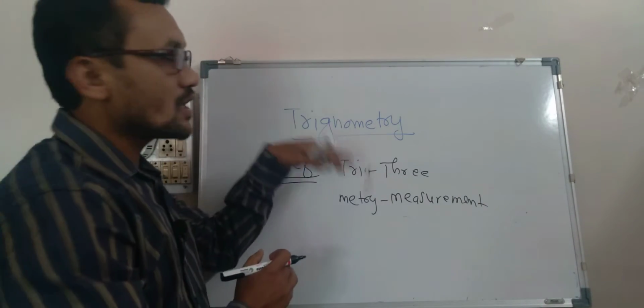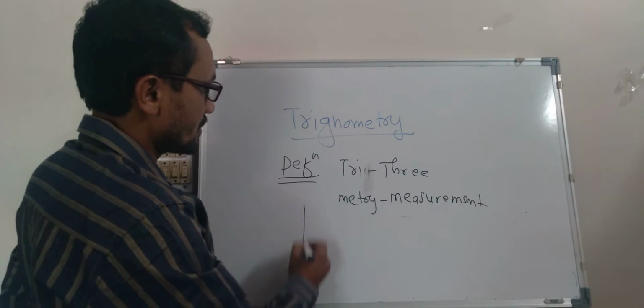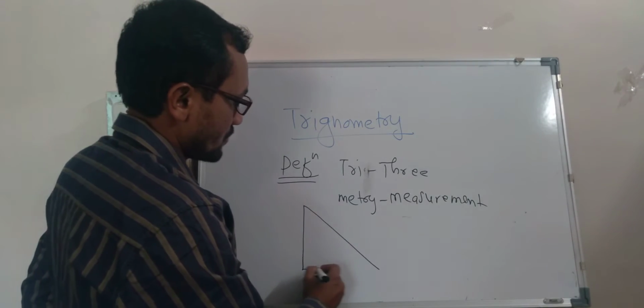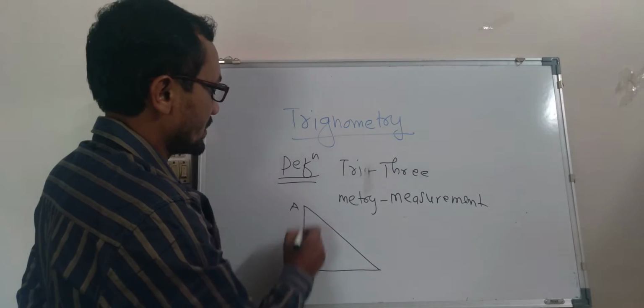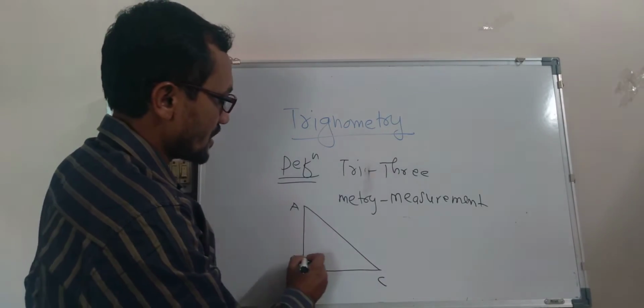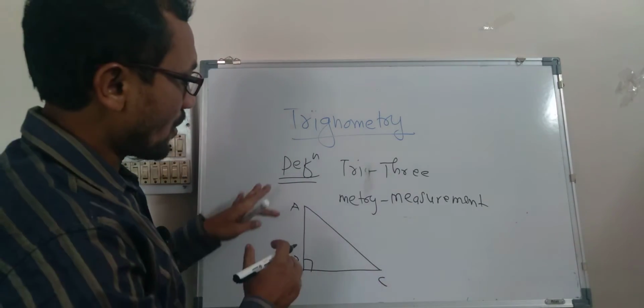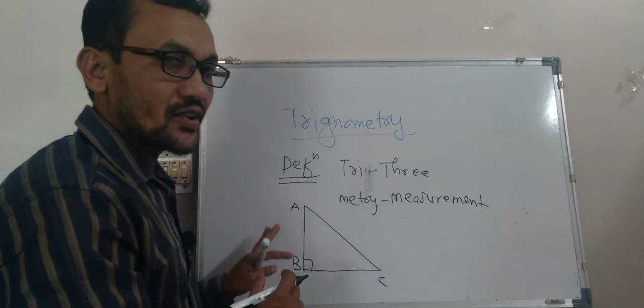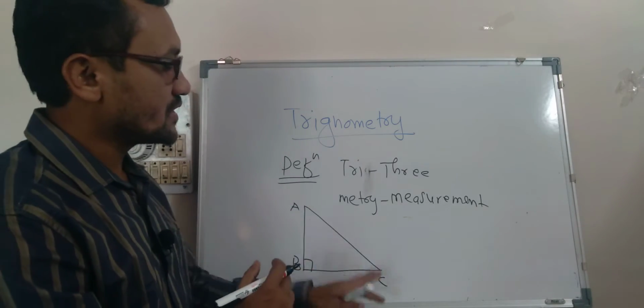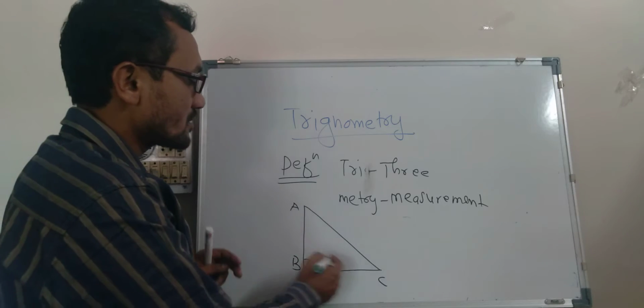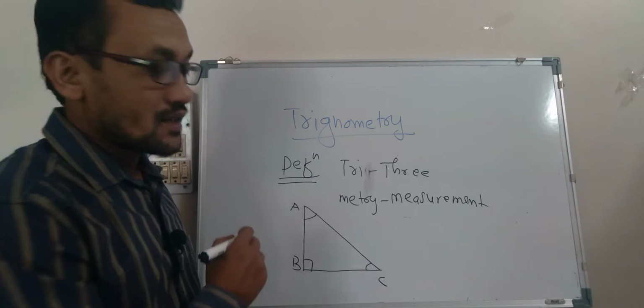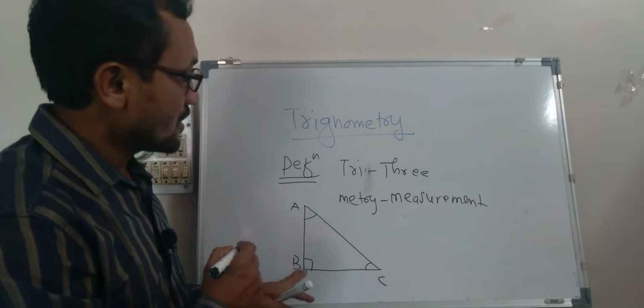So basically we are going to see a right angle triangle. We are focusing on the right angle triangle only here. In this triangle there is a relationship between all the sides. How many sides are there in a right angle triangle? Obviously AB, BC and AC. There are 3 sides and 3 angles also, and one angle should be 90 degrees.